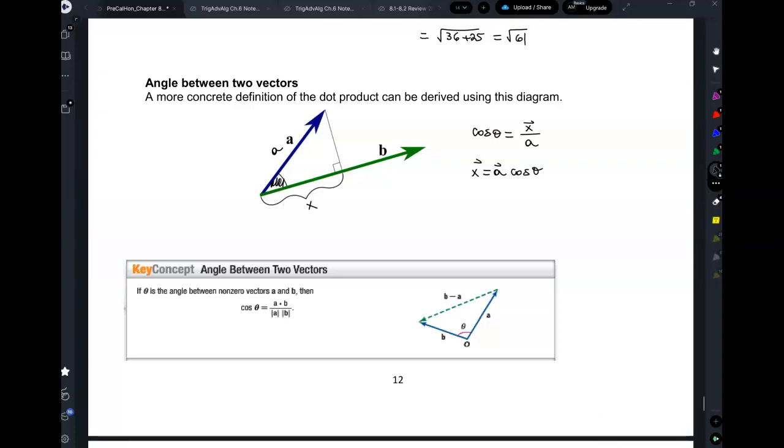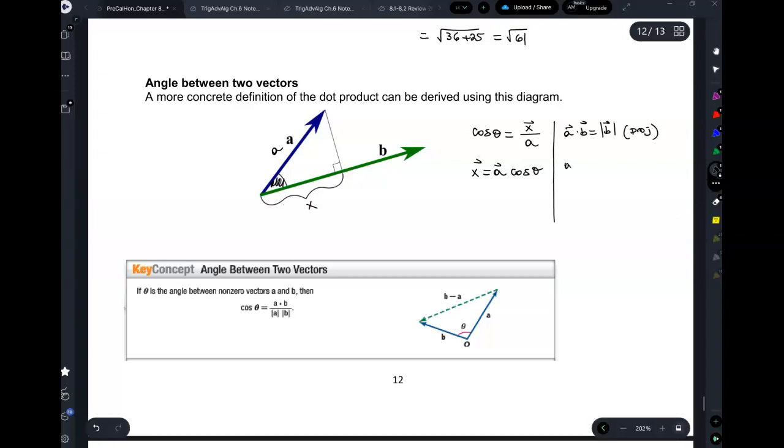So now, how would we find A dot B? A dot B is... Max, can you put away your calculator and just be with us for a little bit? Okay, so A dot B is how much? It's the length of B, right? Times this projection, which is the x, remember?